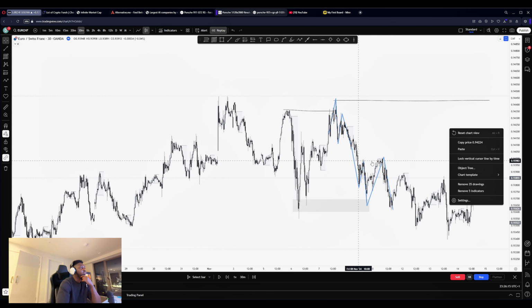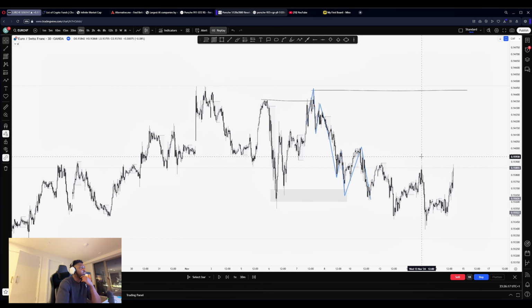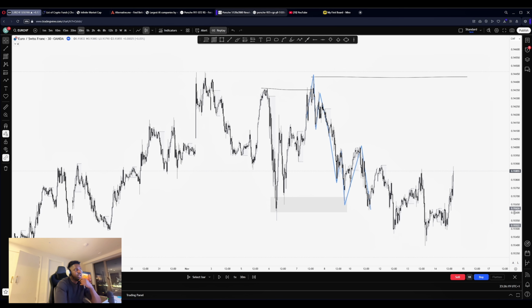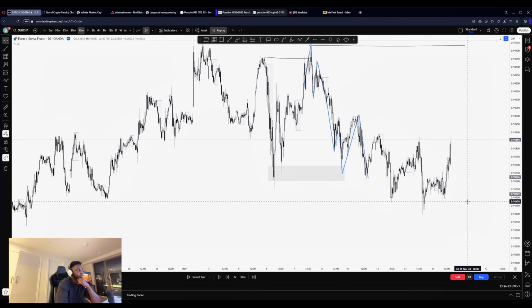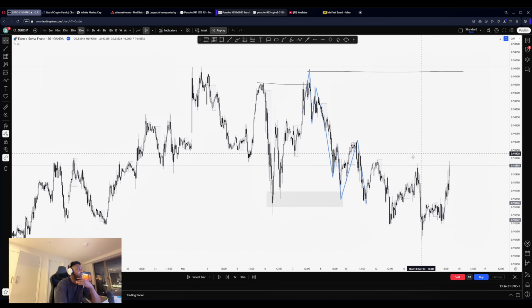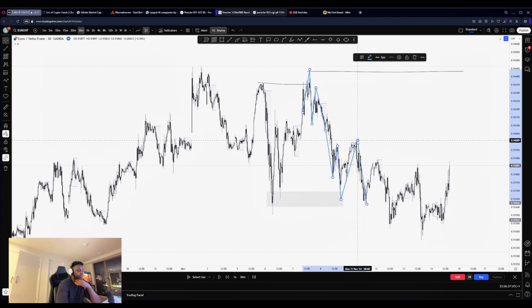So how do you know which one price will likely come back into before continuing the sells? How are you going to know which one price is going to come back into before continuing the sells? So this is why I use my flip and my sweep to validate order blocks.